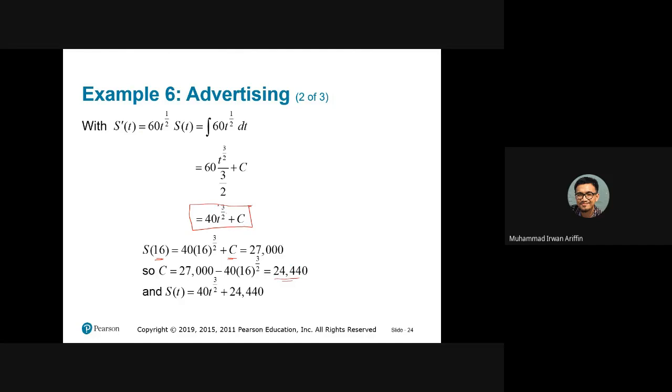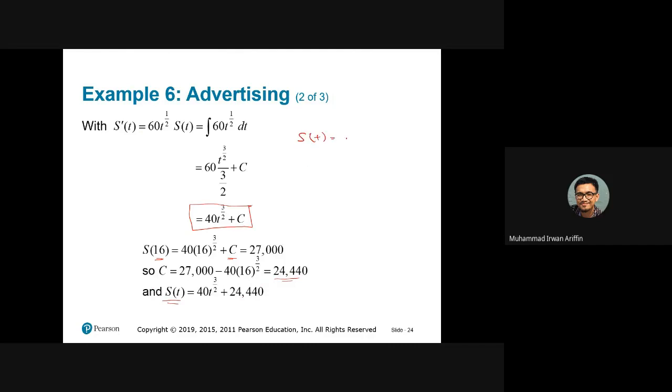So from all this family of antiderivatives, there is only one function that solves our problem, where our original function s(t) equals 40 t^(3/2) plus 24,440.